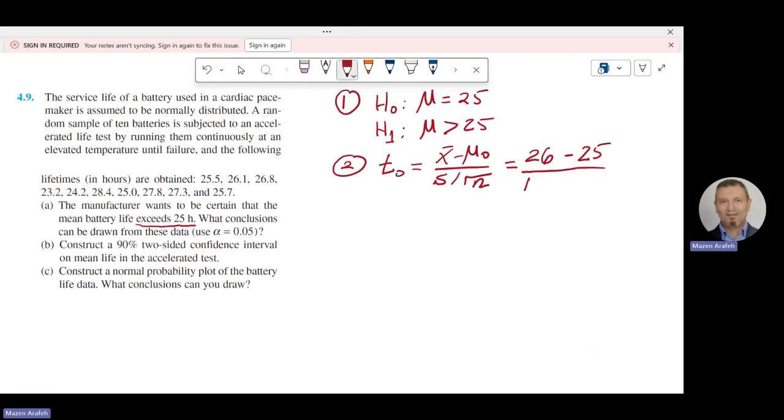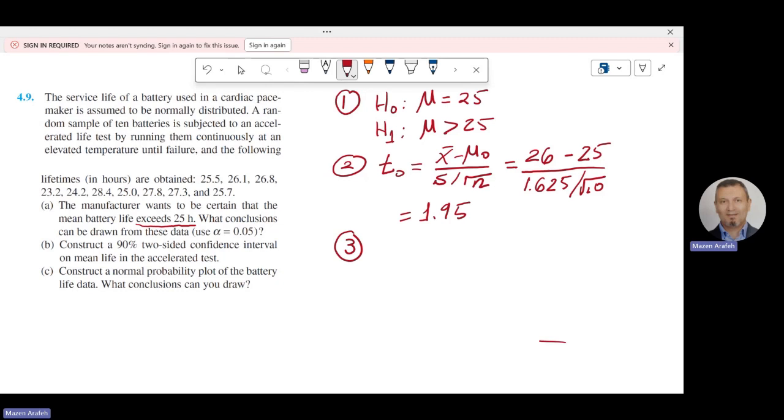It is equal to 1.625, divided by square root of n. n is equal to 10, so square root of 10. So now the test statistic that we have is basically 1.95.